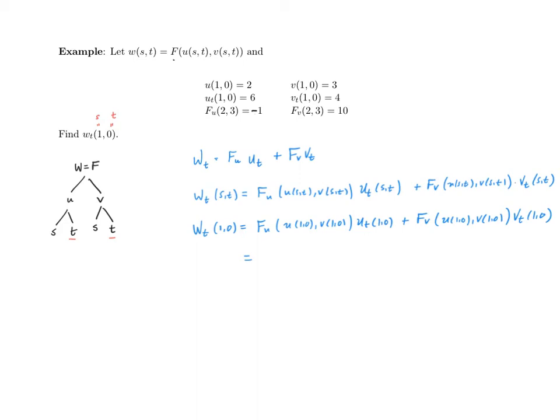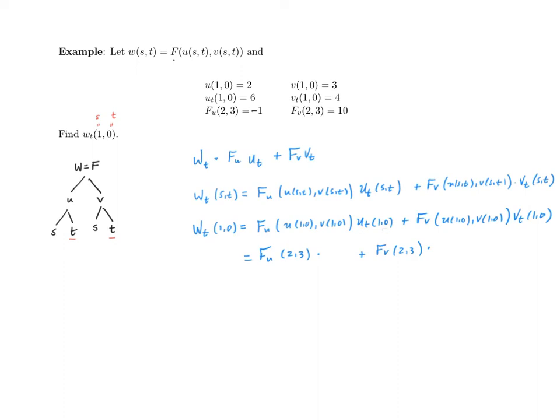First note that the u of 1, 0 that we see in both of our functions is 2. The v at 1, 0 is 3. So we can go ahead and write this as f sub u of 2 comma 3 times something plus f sub v of 2 comma 3 times something. Those somethings are in the above table.